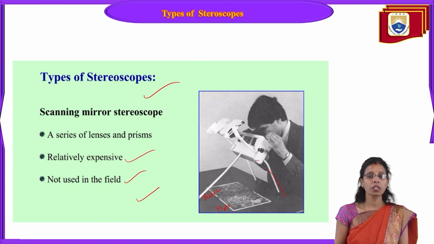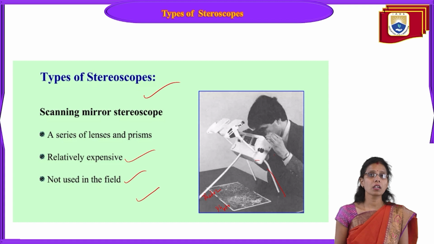So when you have a stereo pair, it means a pair of photos. A pair of photos means you'll have two photos of the same series, photo 1 and photo 2, or photo 2 and photo 3, or photo 3 and photo 4, or photo 4 and photo 5. It should be from the same series.